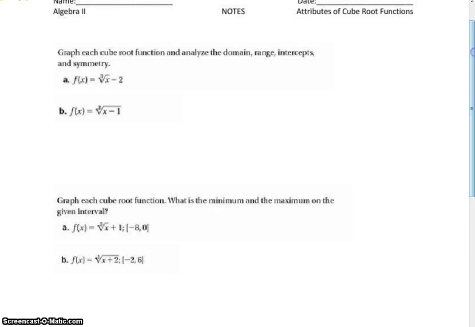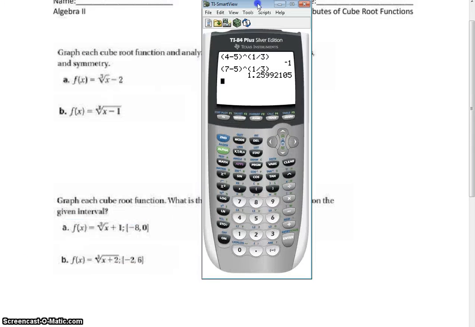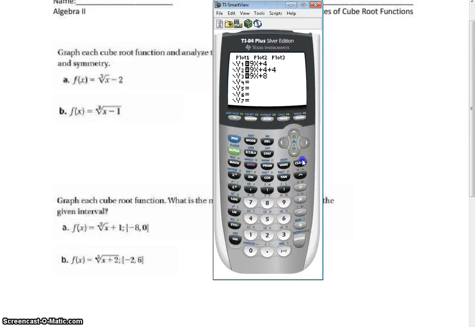All right, graph each. Once again, you do not have to graph each cube root function, but you're going to analyze the domain, the range, and the intercepts. So looking at the first one, I'm going to start by putting it into my calculator at y equal. So let's clear everything out. And we're going to say the cubed root, so that is actually x to the 1/3.